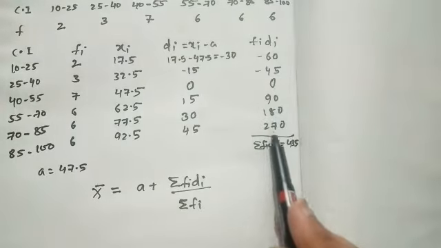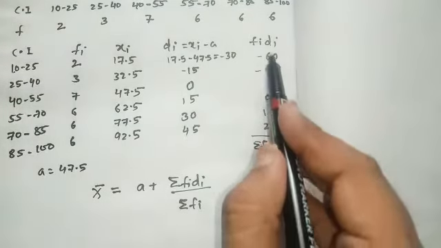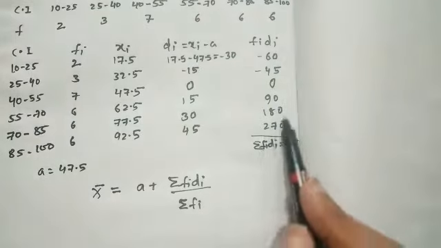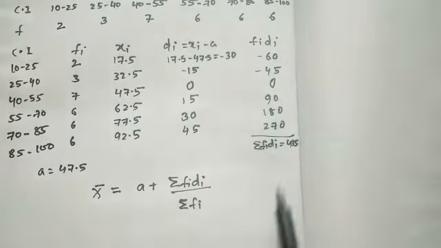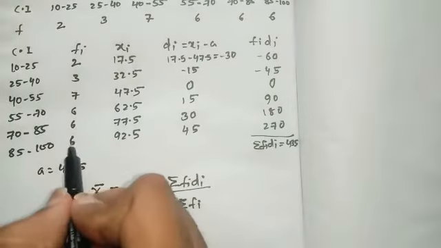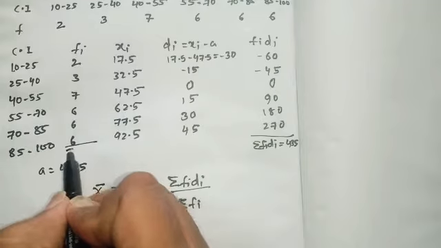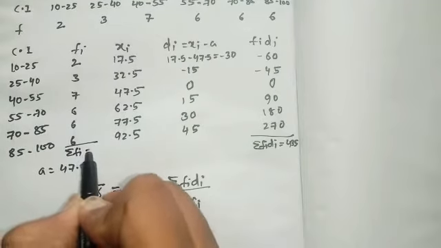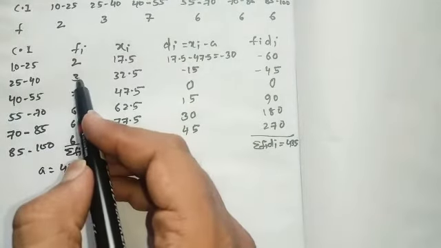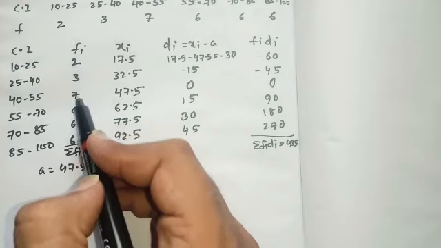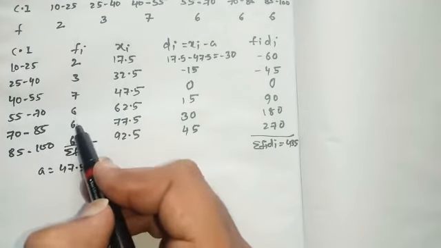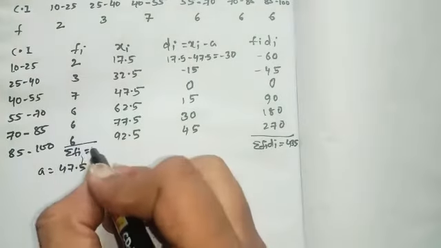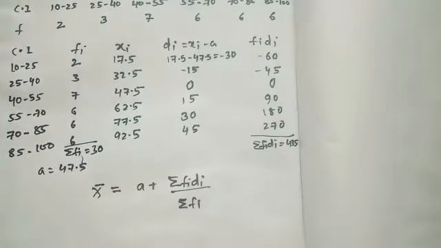First add these three values, then subtract these two values from whatever value you get. Now sum of fi means you have to add all the values of fi. 2 plus 3 is 5, 5 plus 7 is 12, 12 plus 6 is 18, 18 plus 6 is 24, 24 plus 6 is 30.